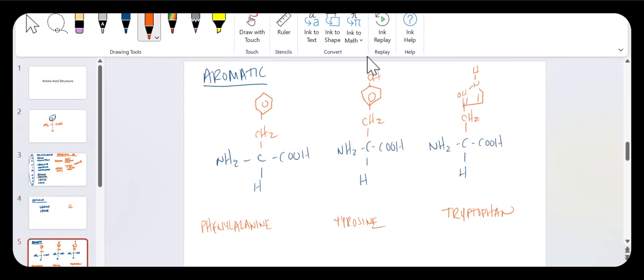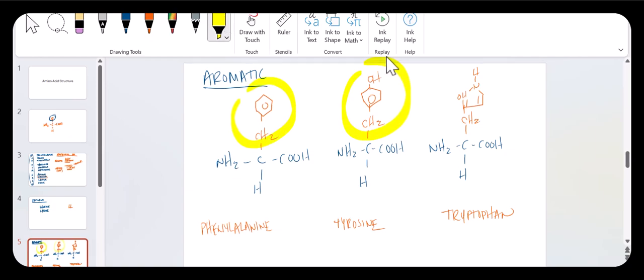We have amino acids that contain aromatic rings. We have three of them: phenylalanine, aromatic ring; tyrosine, aromatic ring; tryptophan. I left the aromatic ring off that, I'm sorry.